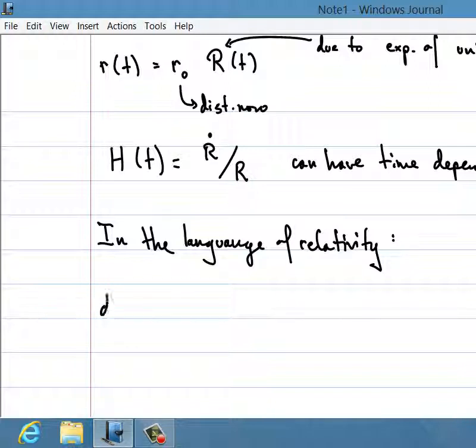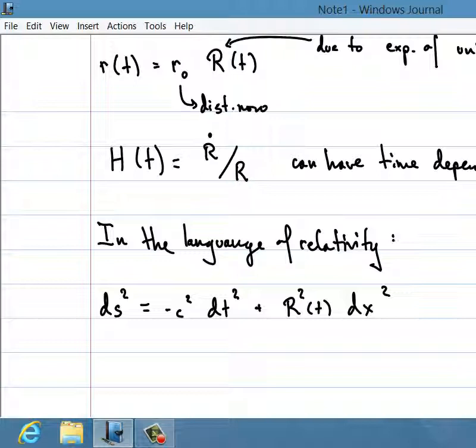In particular, if you have two events which are separated by some time interval dt squared and some spatial interval dx squared, then the statement of Hubble's law, the statement that the distance between objects changes in time due to the expansion of space, is the statement that the usual invariant interval of special relativity is replaced by the invariant interval that I have written here.